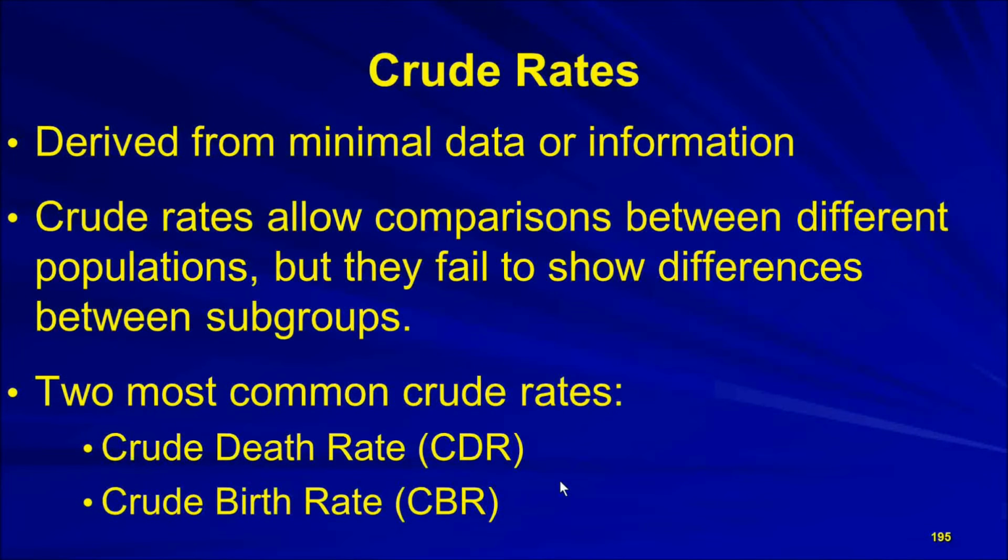One of the things that I mentioned is that most countries in the world collect crude death rates, not crude birth rates. And for everything that I'm talking about here, we have a certificate of some type. You have a death certificate, you have a birth certificate.